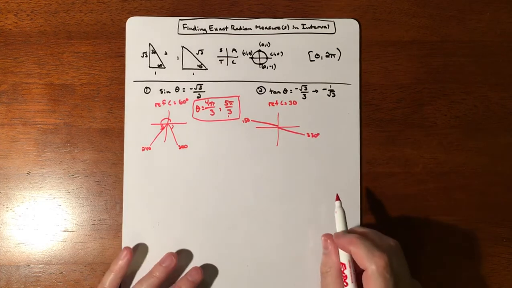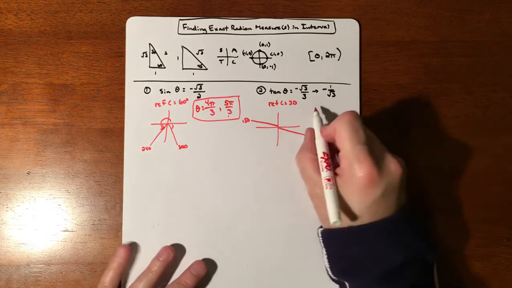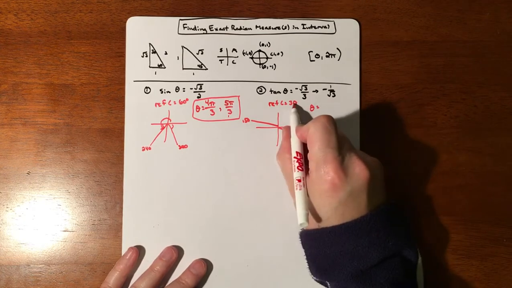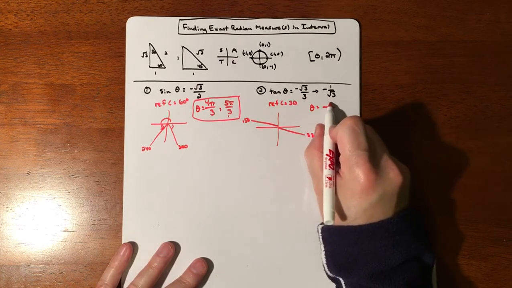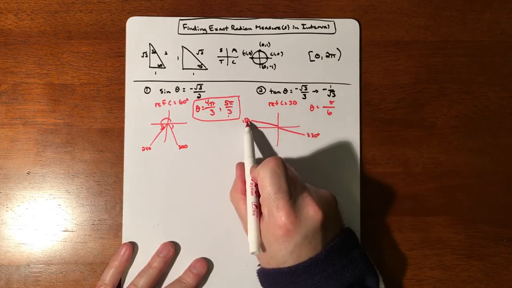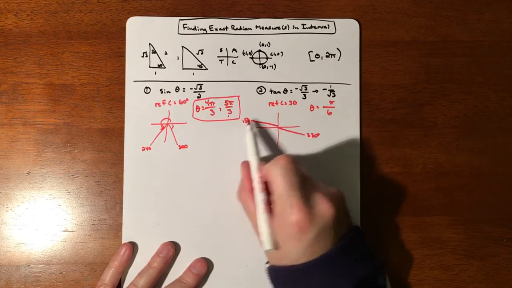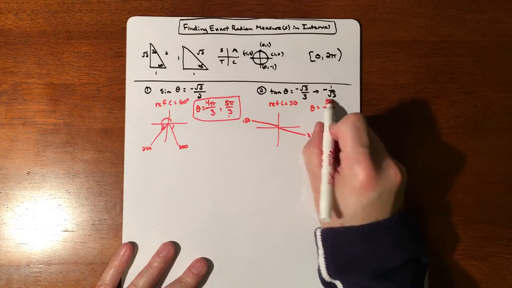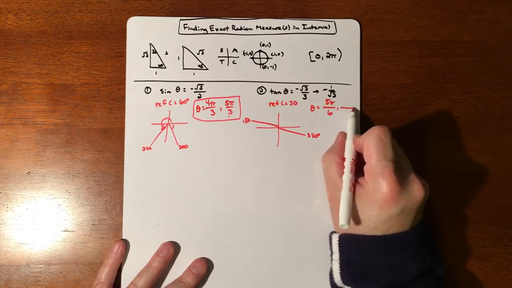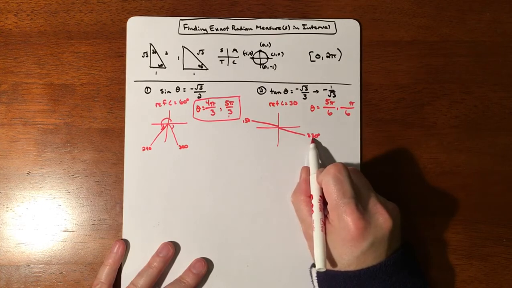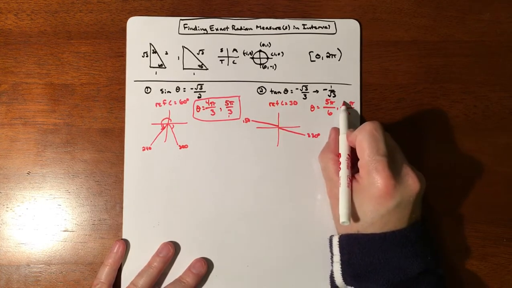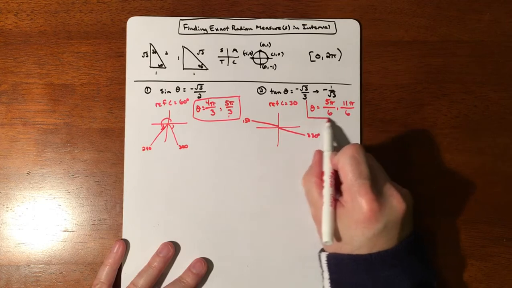So we're looking at 330 and 150 as our answers, but in radians. A reference angle of 30 is anything over 6. It takes us 5 30s to get to 150, so 5 pi over 6. And then it takes us 11 30s to get to 330, so 11 pi over 6.